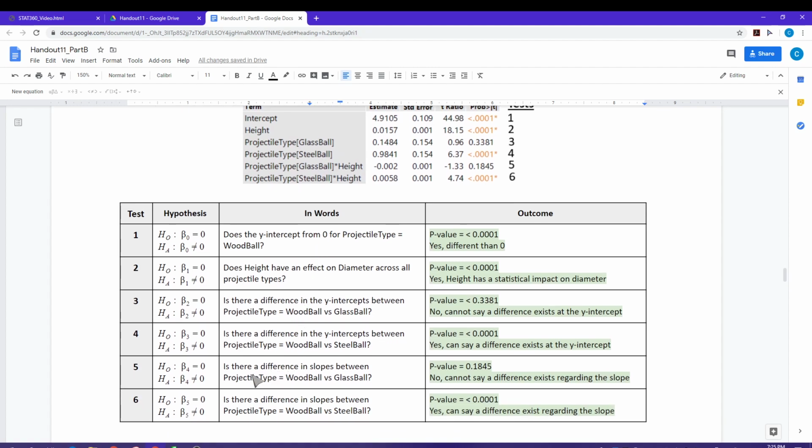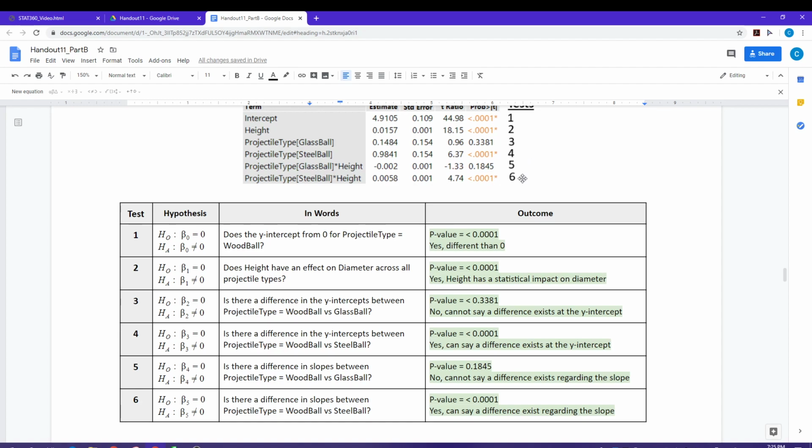So test 5 here is testing whether or not the slopes are different between those two types. Test 5 is not significant. Test 3 is not significant. And 3 and 5 have to deal with the glass ball versus the wood ball. So it does not appear that I have a difference between those.